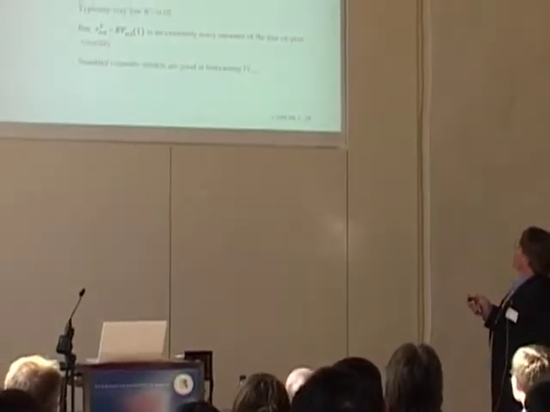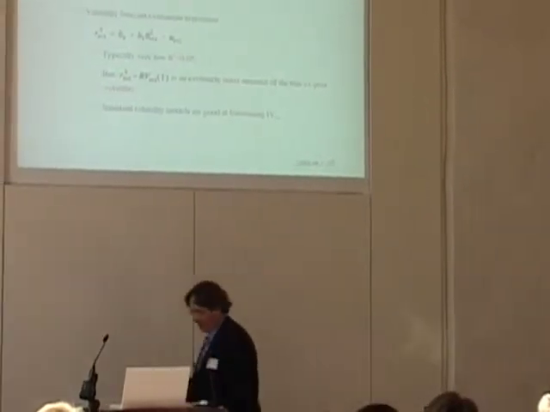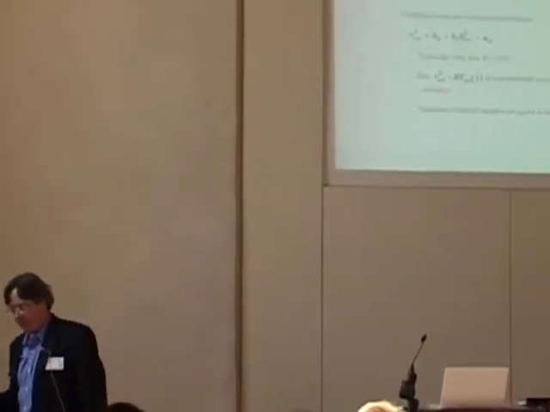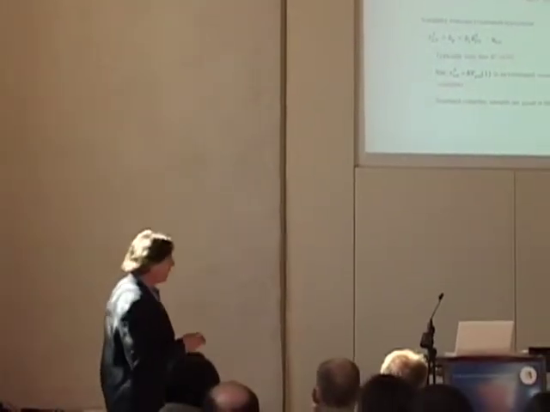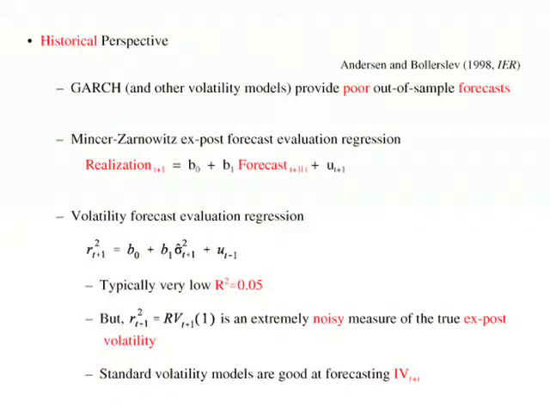This dates back to a paper that Torben and I wrote, more than 10 years ago now, in which we were annoyed by a lot of papers that appeared in the finance literature that claimed that all of these ARCH, GARCH, and so forth volatility models really didn't do a good job of forecasting the volatility. We thought they were plain wrong, and we tried to rectify that. So let me explain how we did that and what it has to do with the realized volatility.